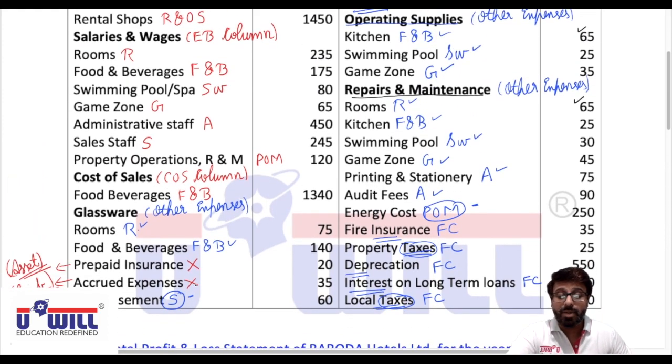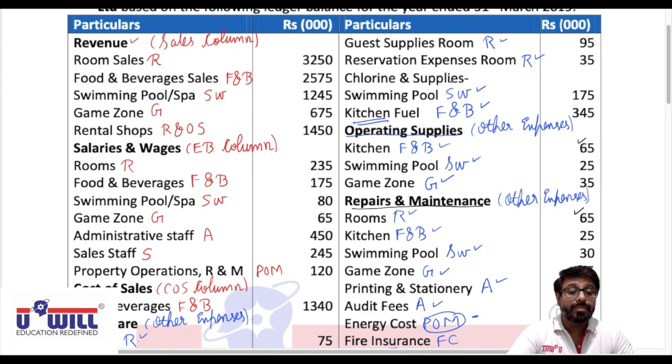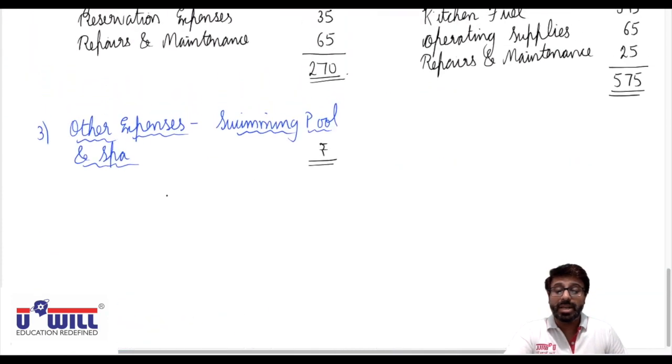In glassware, we don't have anything. Chlorine and supplies. Okay, swimming pool chlorine and supplies 175.